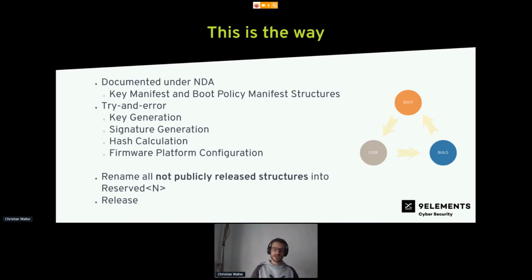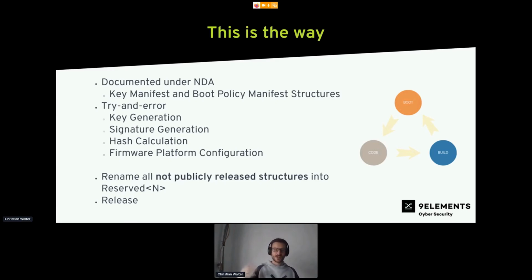And all these kinds of things. That needs to be specified very, very strictly for these things to work. Also, how the signatures are actually generated is unknown. So the ACM does check the signature of the KM and the BPM, right? However, how it does that and what the conditions are if something goes wrong, that is unclear.